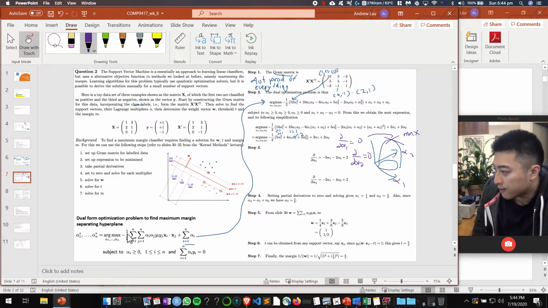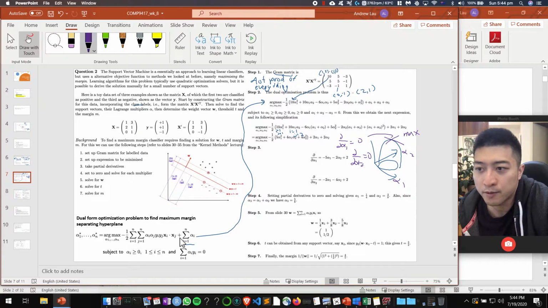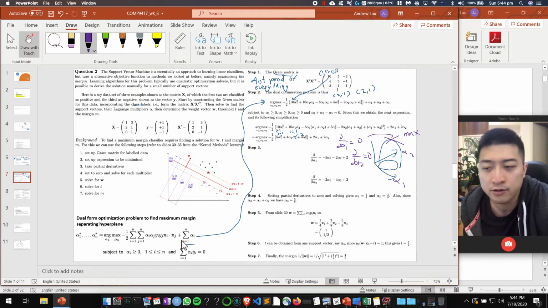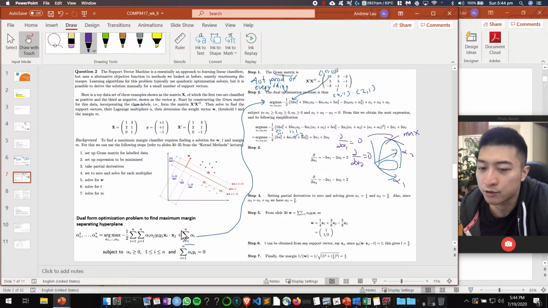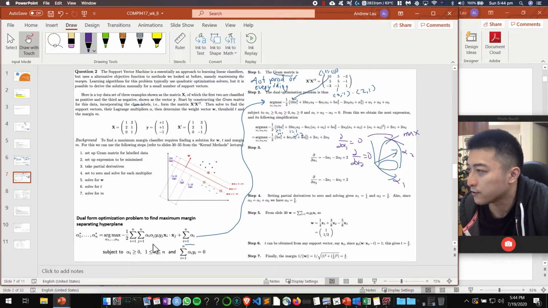So we had the original optimization problem to find the maximum margin classifier. We express it in a dual form here, using Lagrangian multipliers, which gives us this formula here. We can plug it in here. The Gram matrix is just used to make things easier. It's just the dot product of everything, right? So to get from here to here, just plug it into this formula.